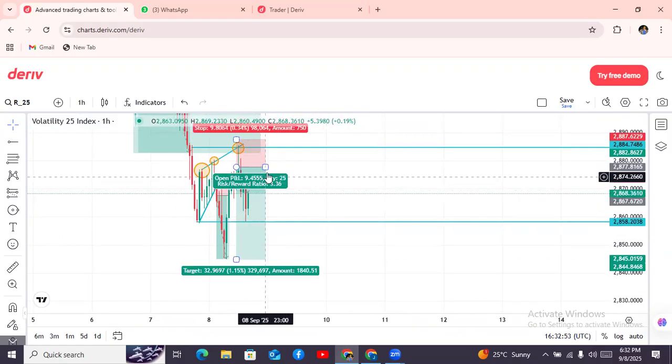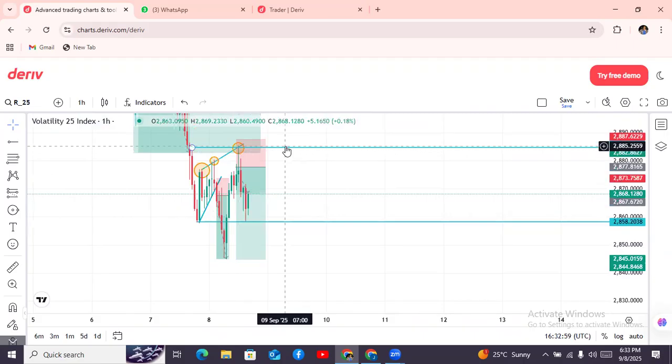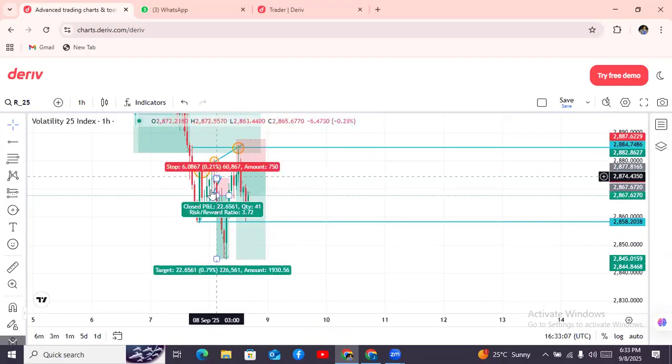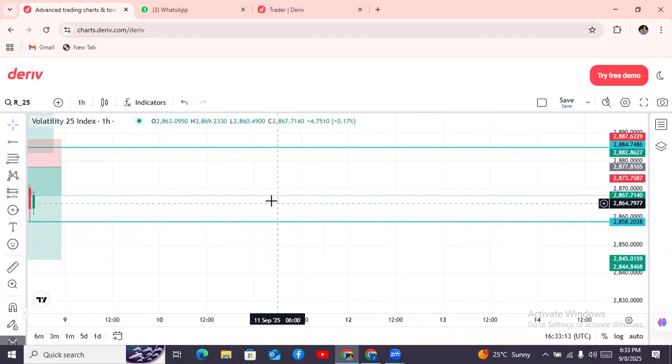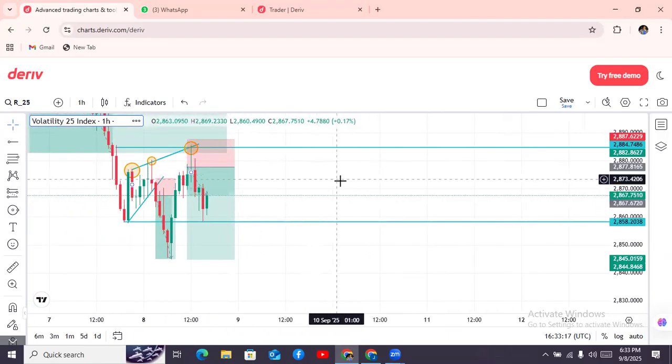So it's likely to go up to fulfill this head and shoulders pattern, maybe up to where it came from, before it ends there, because this pattern is within a downtrend, so it's a bit tricky. If it was an uptrend, it would have been much easier.